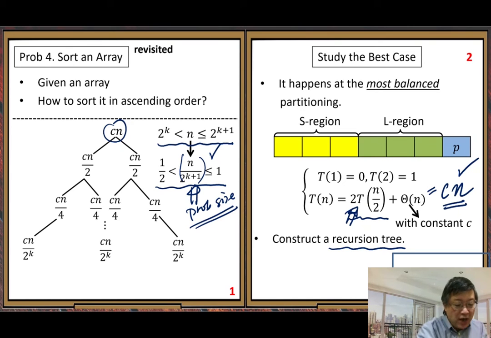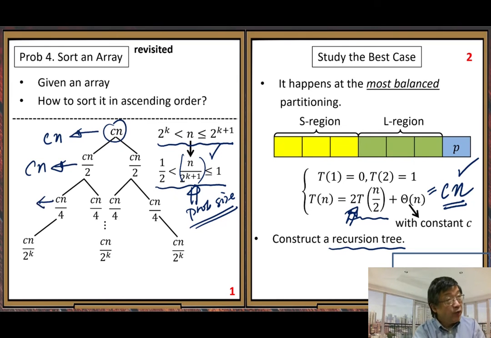Next, you can see at each level, the total cost for the non-recursion terms is the same, cn, right? So this level, 2 terms adding together, also cn. This level, 4 non-recursion terms adding together, also cn, right?